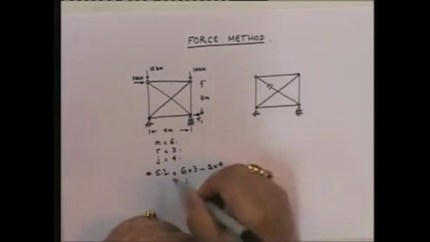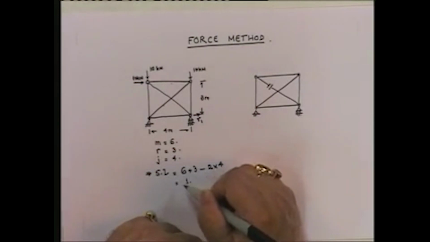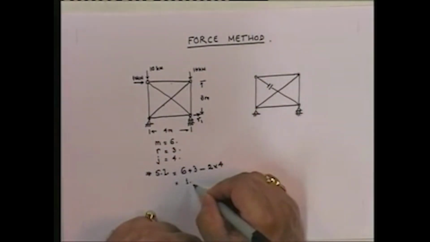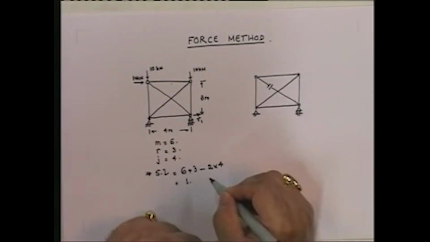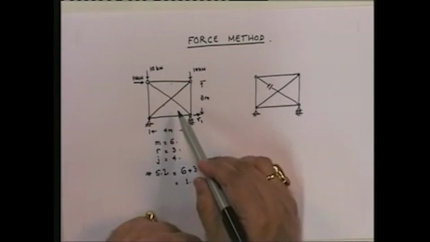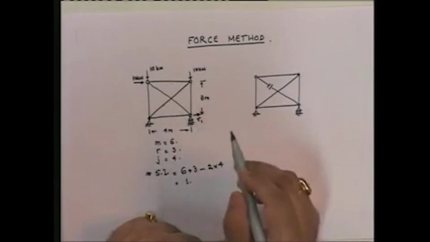Now obviously, since it's a statically indeterminate structure, you cannot find out all the forces in all the members using just the pure equations of equilibrium. Okay, so since you cannot use only equations of equilibrium, since it's statically indeterminate to the first degree, the number of equations of equilibrium that you have are one less than the number of unknowns that you have.